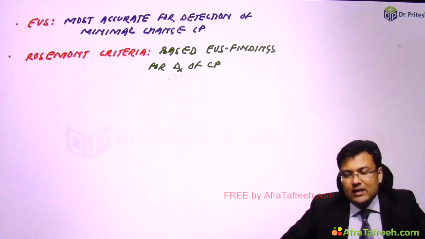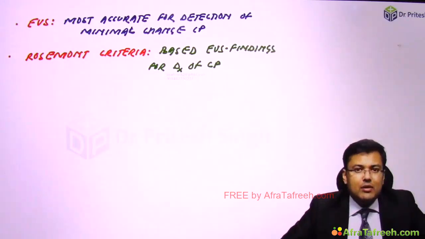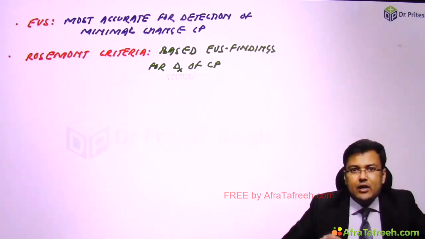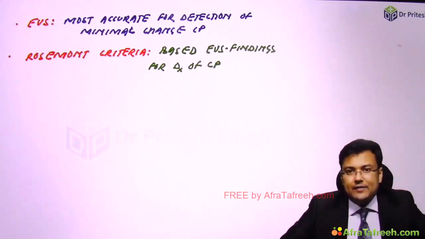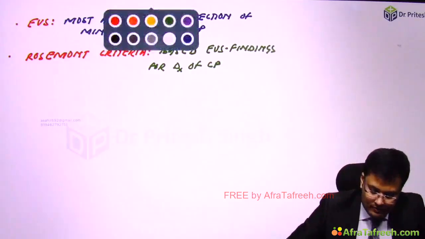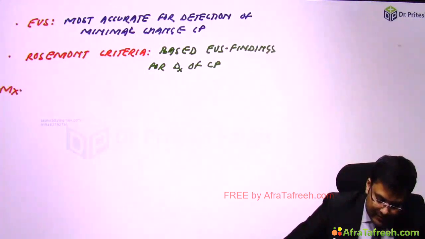When the diagnosis is done, we have to start the management. Now see the problem. There are three main problems. One, exocrine insufficiency. So we have to give what? Pancreatic enzyme supplements. Endocrine insufficiency, so we have to start insulin, and there is pain, we have to give analgesics. So see the management.